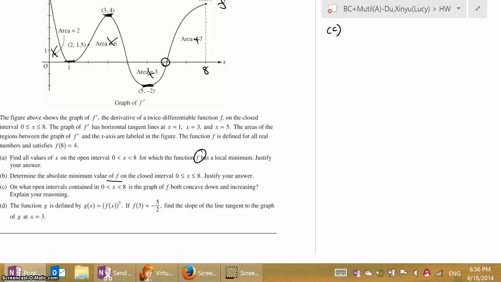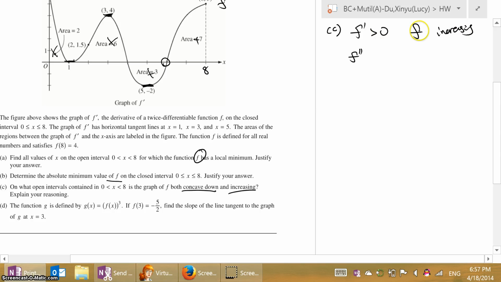Now let's see part C. On what open intervals contained in 0 to 8 is the graph of f both concave down and increasing? As I said before, when f prime is greater than 0, the graph of f is increasing.